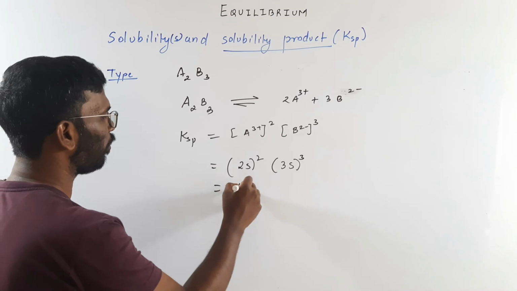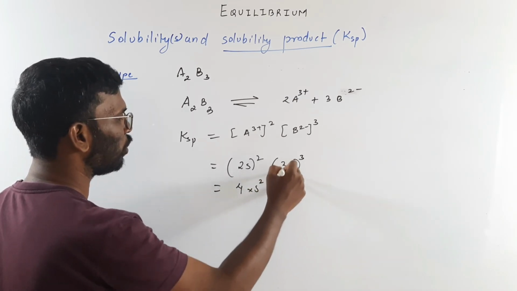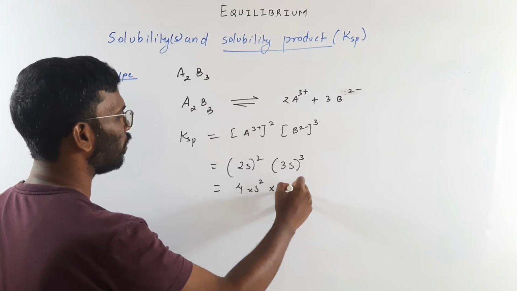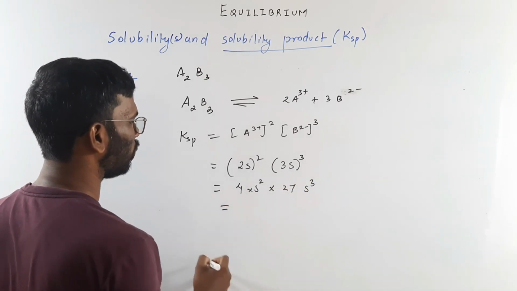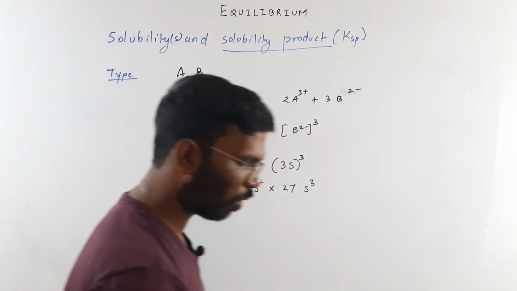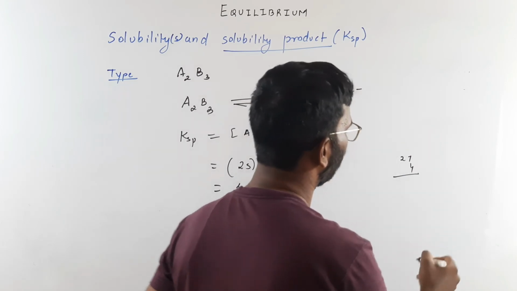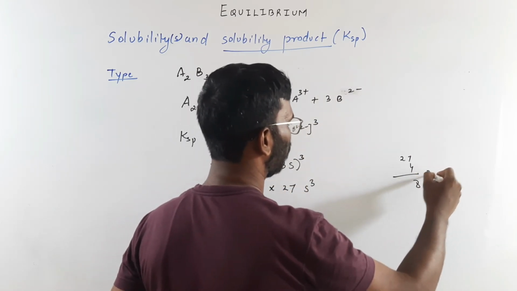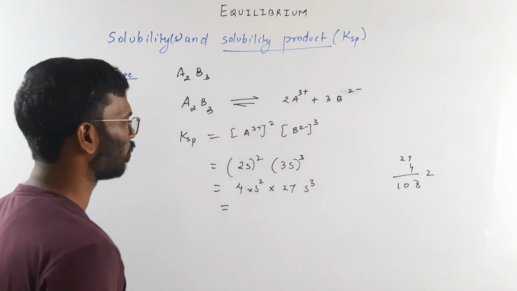So this will be 4S squared and 27S cubed. 27 into 4 comes to 108.